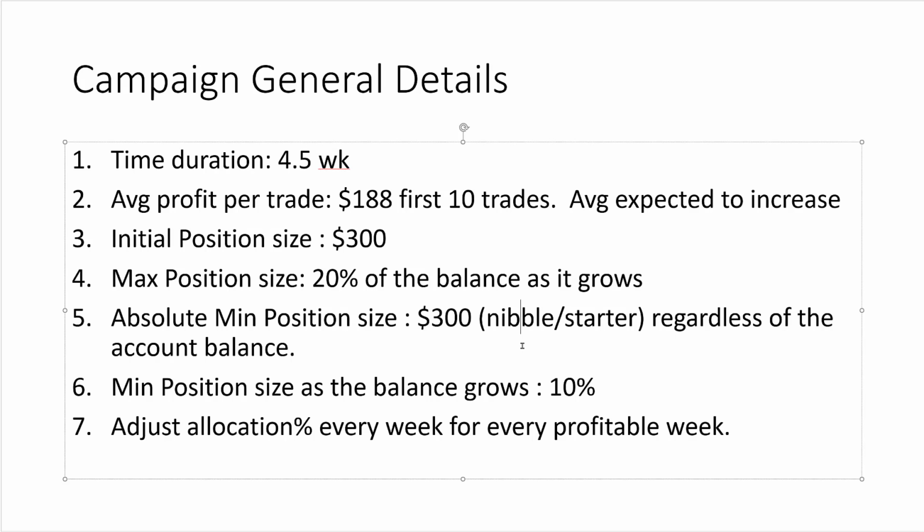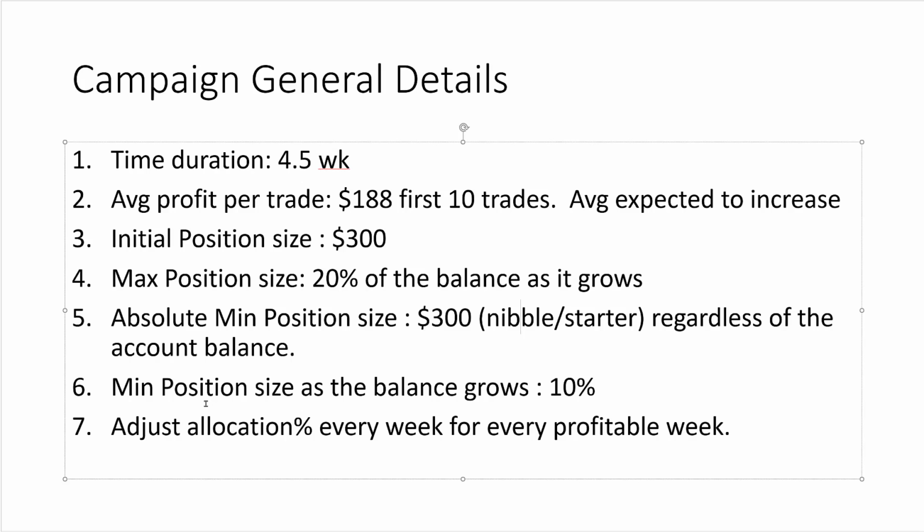So if it's $1 million or 100,000, it's always going to be 300. And if it's a balance of 300, then you're at the absolute minimum, so that's 300. The minimum position size as the account grows is going to be 10%. So your min and max is around 10 to 20%, and then your absolute is 300.